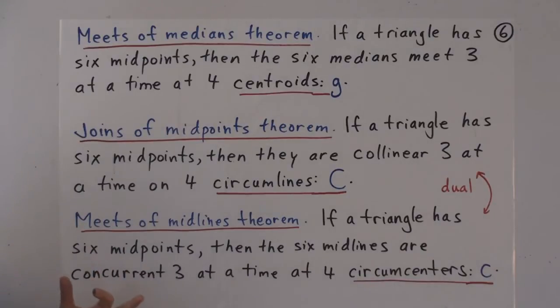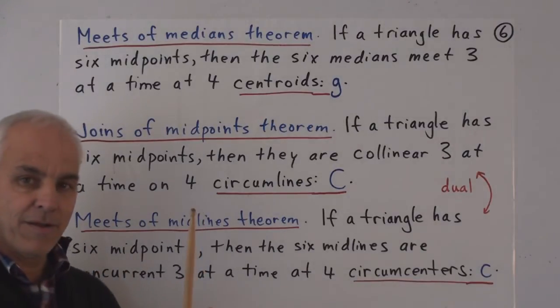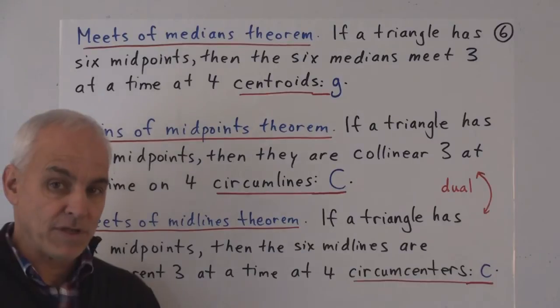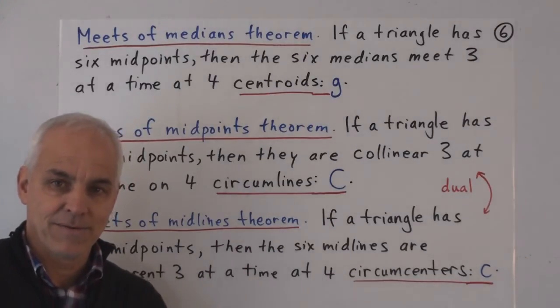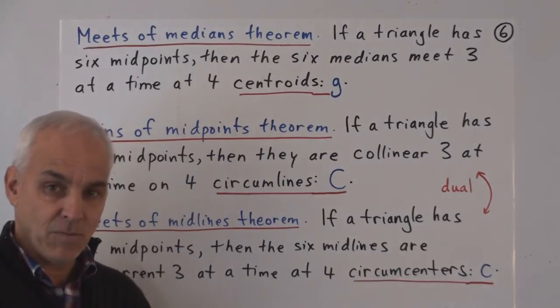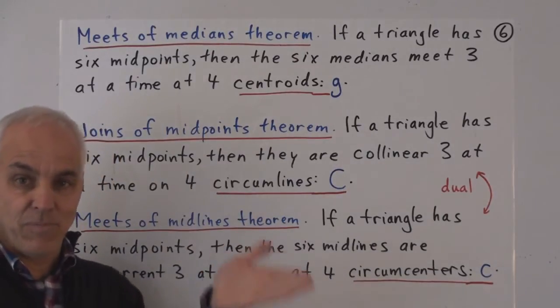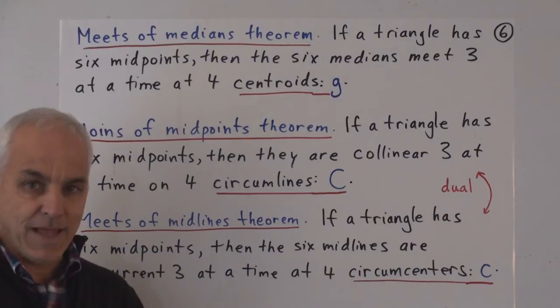If you have 3 points which are collinear, then the duals of those 3 points will be 3 concurrent lines. And where they meet will be the dual of the line where the original points were on. That's duality.